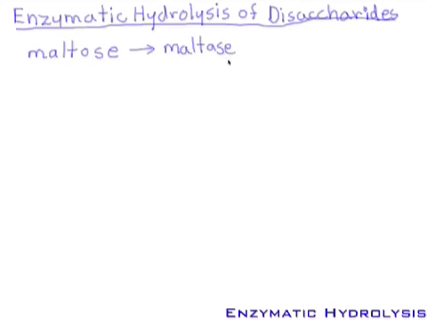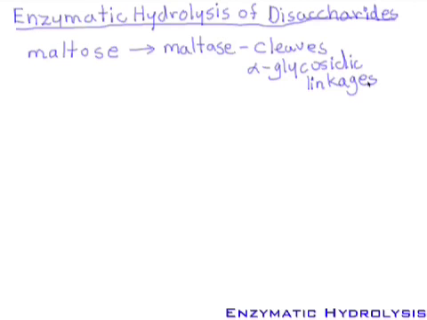Maltase is an enzyme that specifically cleaves alpha glycosidic linkages. Because of this, maltase is often called an alpha glucosidase.